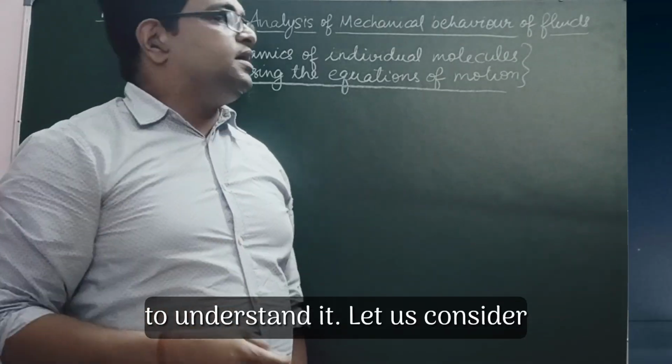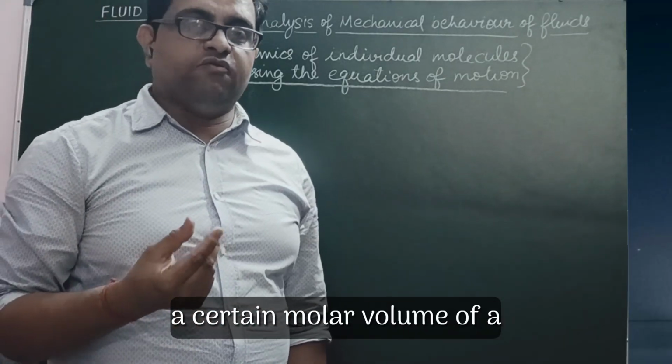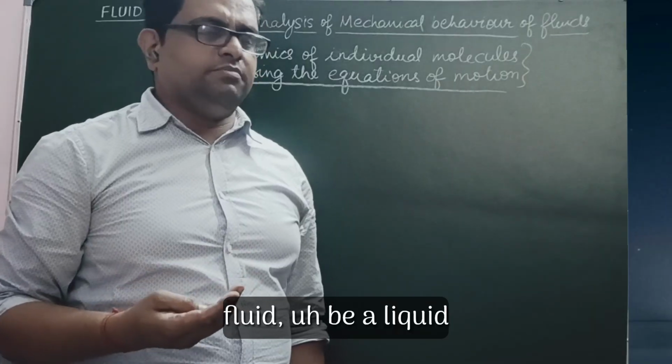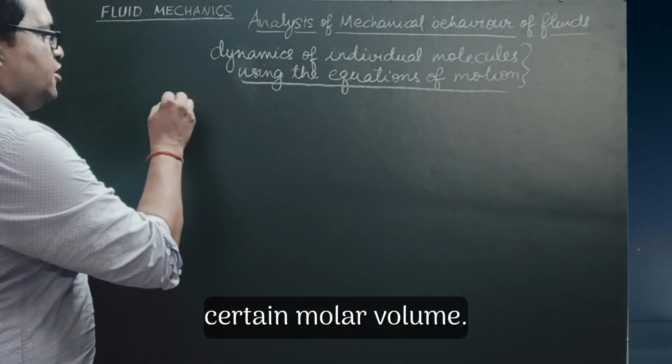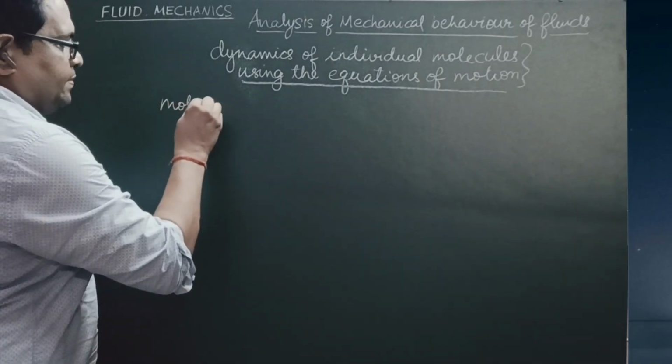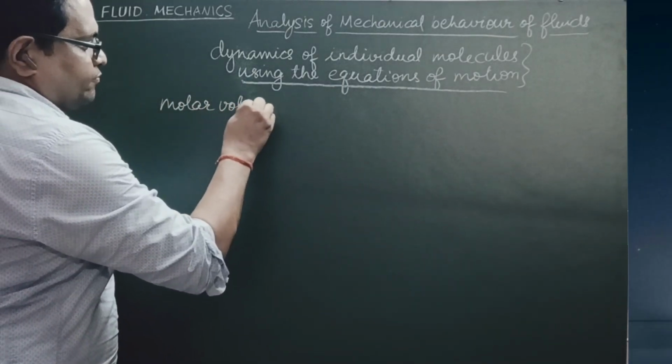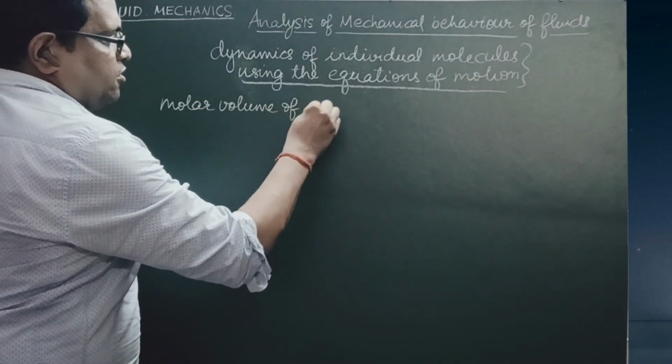To understand it, let us consider a certain molar volume of a fluid, be a liquid or a gas. So we are considering a certain molar volume of a fluid.